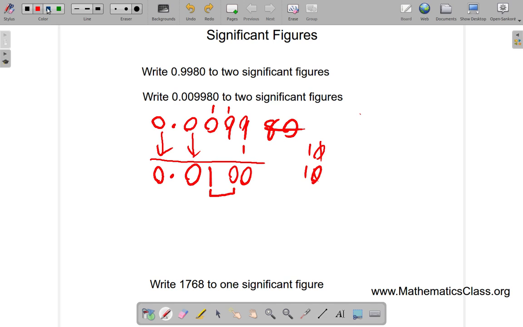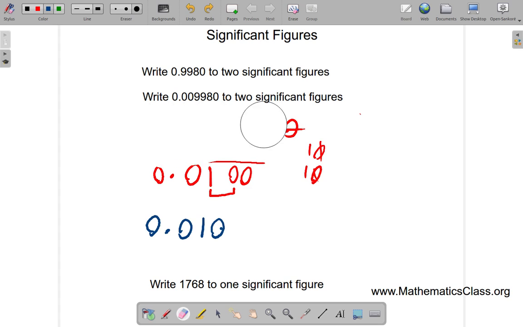So the answer that you get is 0.0, then the first significant figure, and then the second significant figure. So it's 0.010. This number is to 3 decimal places, but to 2 significant figures, right? Okay, good. Let's look at the other example.